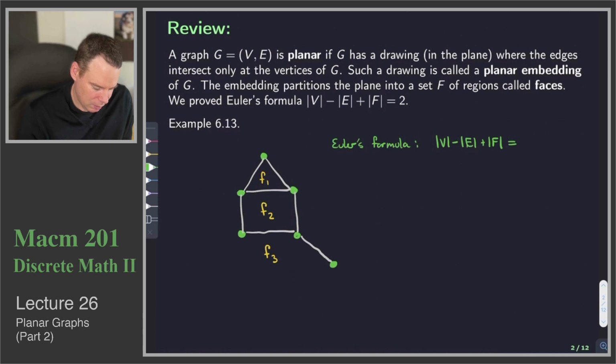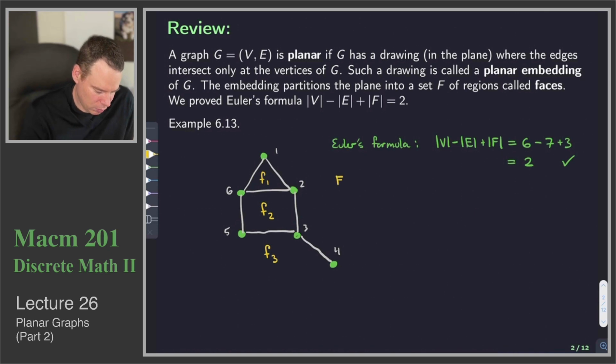We've got vertices, 6 of them. We can actually label them: 1, 2, 3, 4, 5, 6. The number of edges, there are 1, 2, 3, 4, 5, 6, 7 of those. And the number of faces is 3, and that adds up to the value of 2. So that's just a quick review of Euler's formula and to check that it holds in this example.